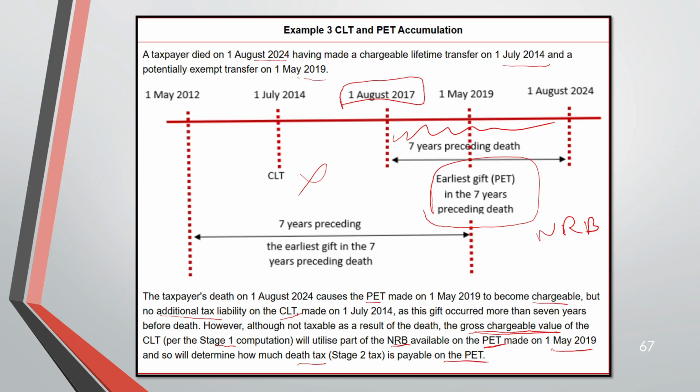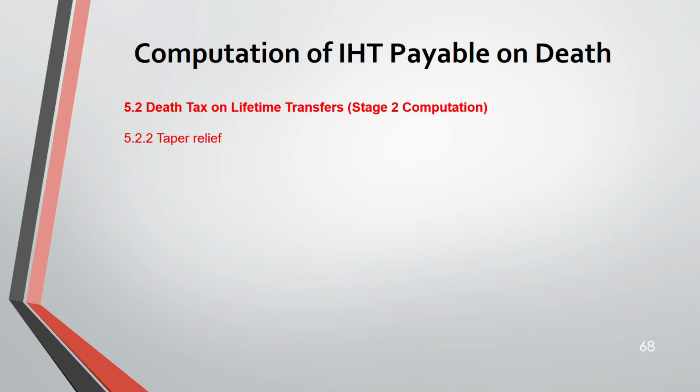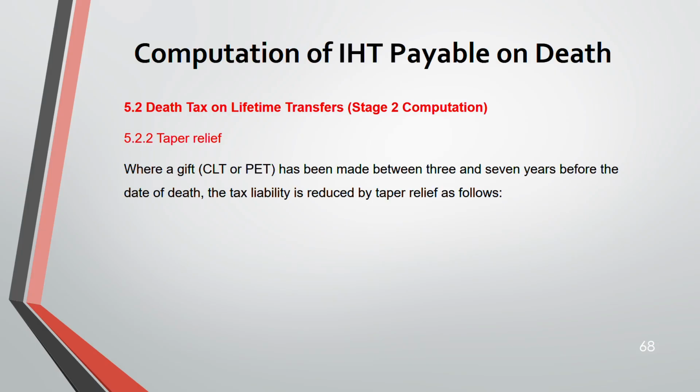Now, taper relief. Whether a gift is a CLT or a PET, if it is made between 3 and 7 years before the date of death, tax liability is reduced by taper relief. So if the donor is dying within 7 years but surviving more than 3 years, he has to pay IHT, but it will be lower, because your IHT will be reduced by taper relief, like this.